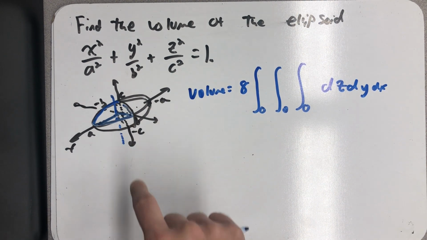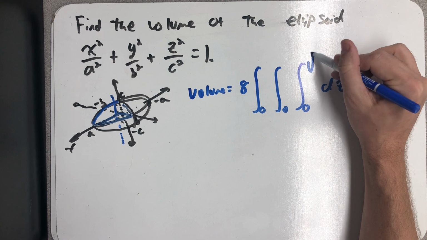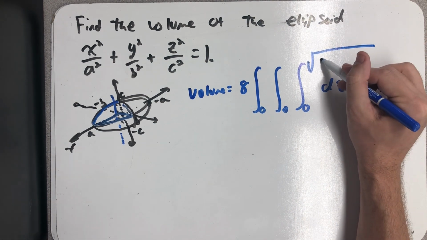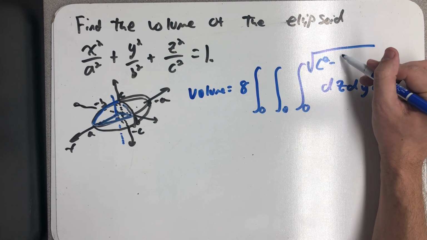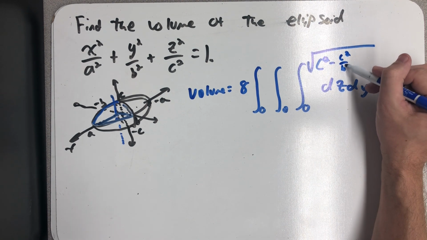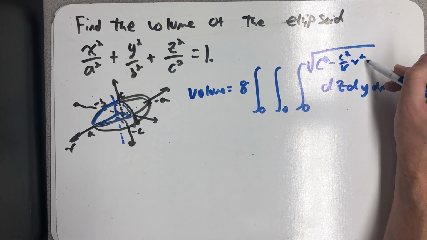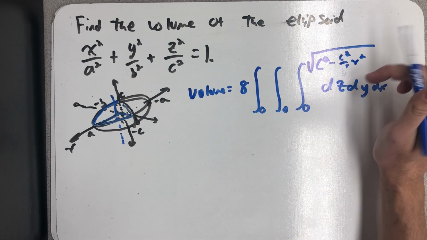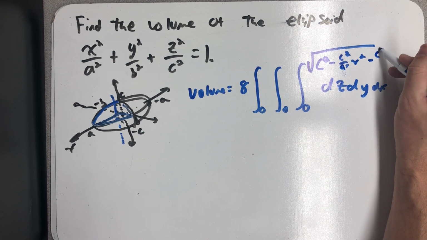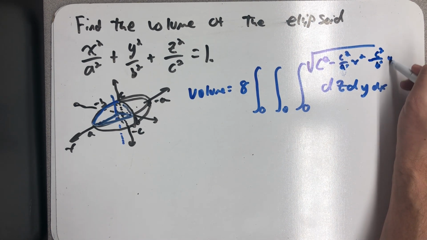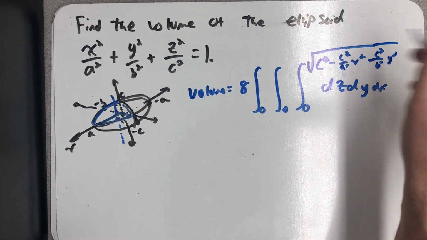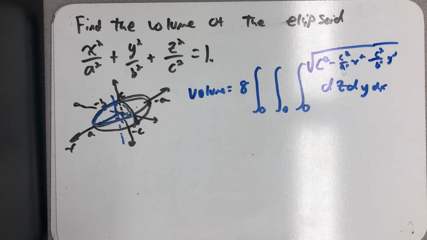And so I'd need to solve this for z, and z would be equal to the square root of c squared minus c squared over a squared x squared, and then minus c squared over b squared y squared. Not a very nice expression there. The first round of integration wouldn't be particularly hard, but that would probably be fairly challenging past that.